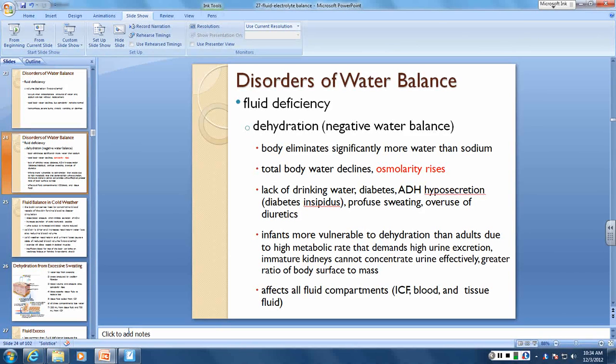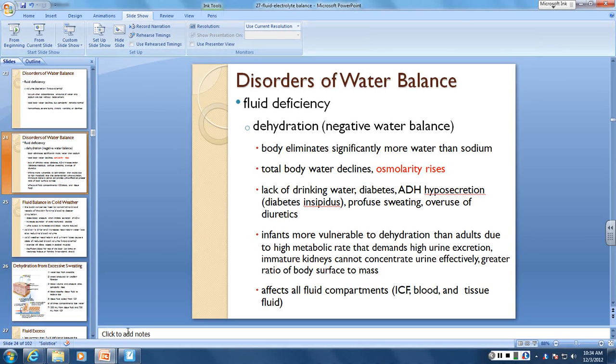So if a person is dehydrated, they're losing water. If they're hemorrhaging, they're losing total blood. So if a person is dehydrated, what's happening to the blood osmolarity? Think about that. So if you have your total blood, you have the dissolved solutes, and now you're just pulling water out of it.